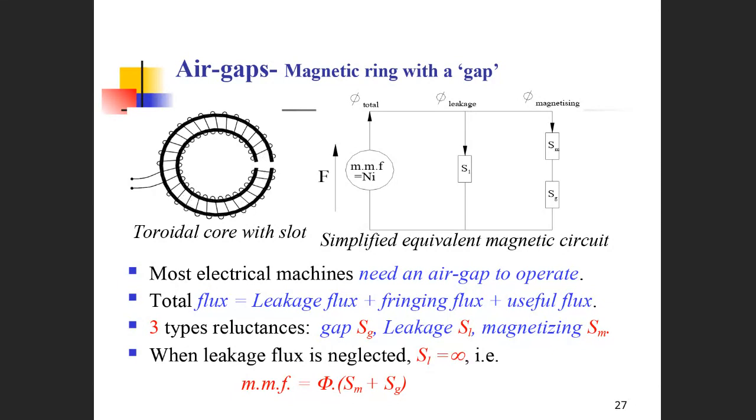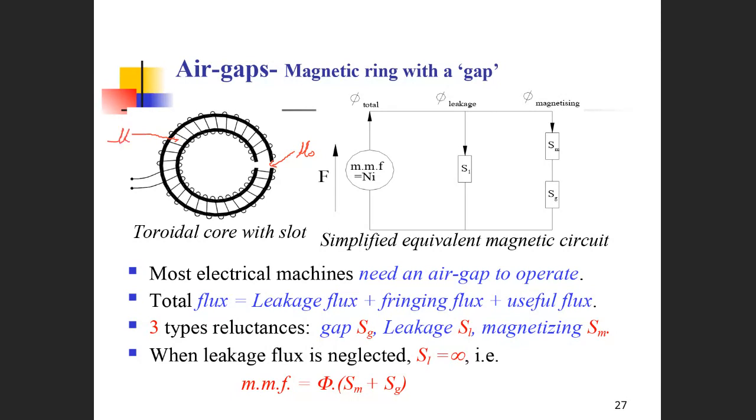Because there are still some students who write to me asking strange questions, here I say once again: in the air gap the permeability is mu0, but the ring material is mu.